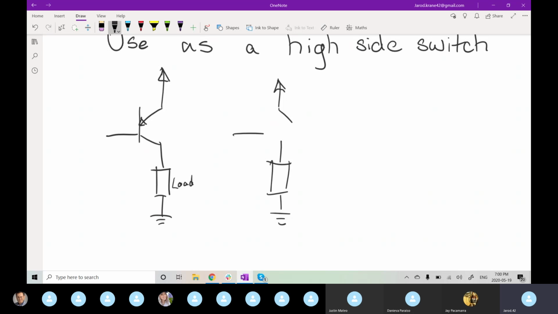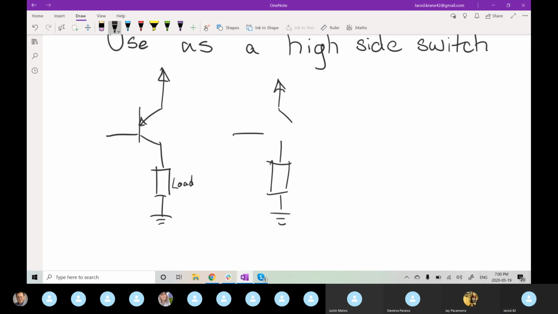I believe there are some stability differences between a PNP and an NPN. I can't say for certain what that is. There is some slight operation difference between a PNP and an NPN as to why you would potentially want a high side switch, strictly based off of transistor properties.